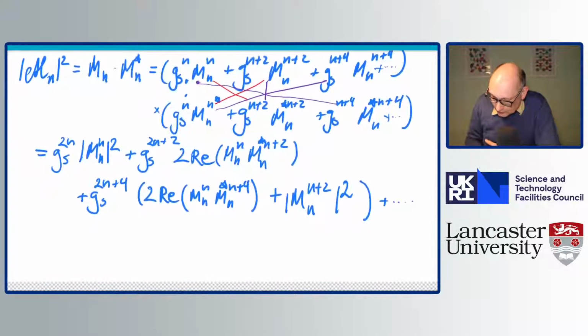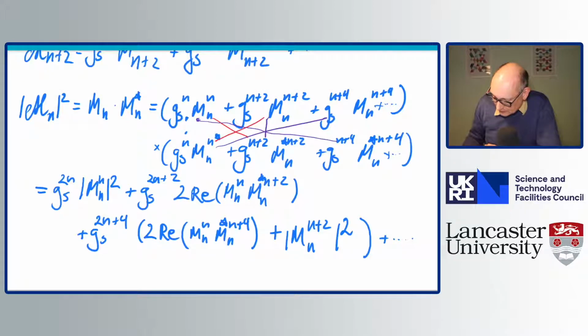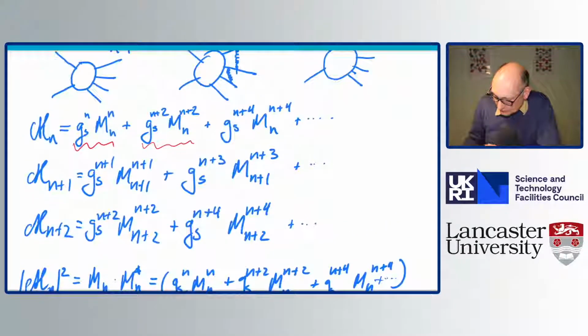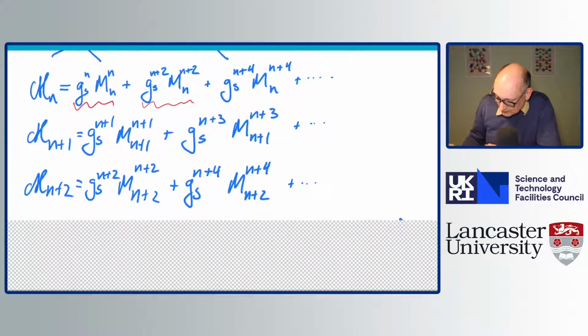There's, of course, the extra contribution where there's an extra real emission that is soft, as indicated here. A soft real emission that still counts to just 4 jets.